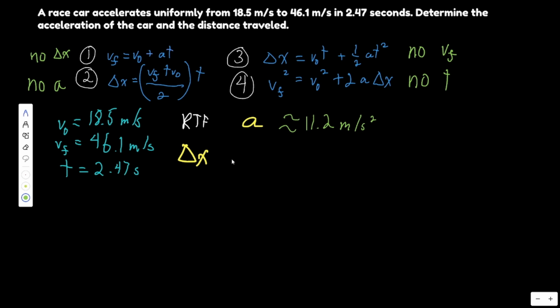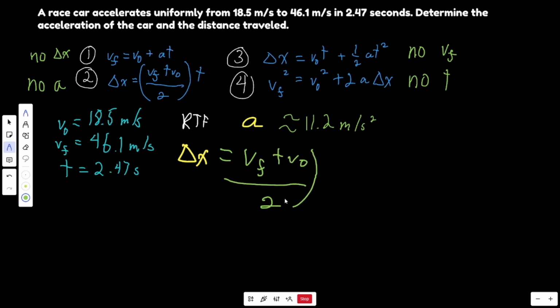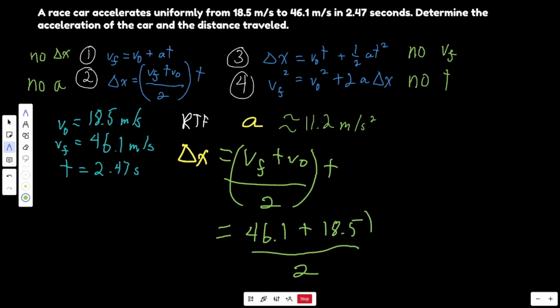Delta x should be equal to vf plus v0 over 2 times time. Now if we plug in our values here, we should be able to get 46.1 plus 18.5 divided by 2, times 2.47.